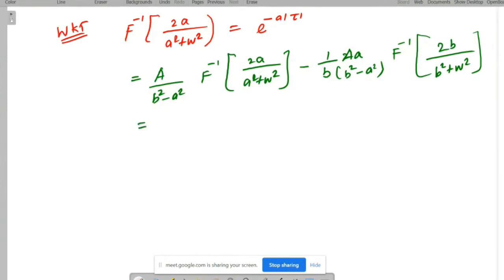So simply you may get capital A by b square minus a square, this value is e power minus a modulus tau, minus, better you can multiply minus inside the closed bracket. So simply you may get 1 by capital A, small a by b square minus a square, into e power minus b modulus tau.